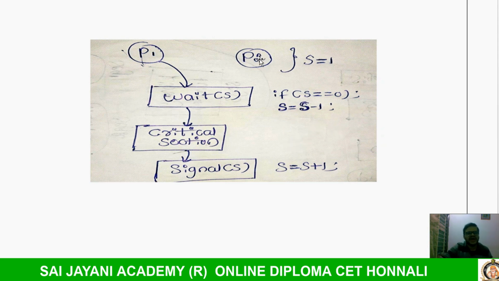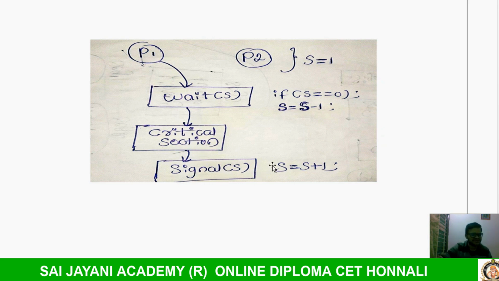If process P2 wants to go to the critical section, then the wait operation will prevent it. Why? Because now the semaphore value is equal to 0. So process P2 will not go into the critical section. After executing the critical section code, process P1 will enter into the signal operation.